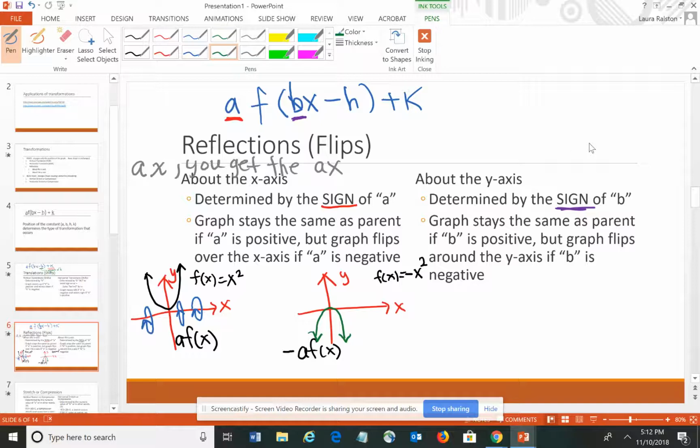So let's see if we can take a look. I can try to sketch you a picture here. So let's say, for example, I have maybe a function that looks like this. Okay, so this would be f times b of x, or f of b of x.